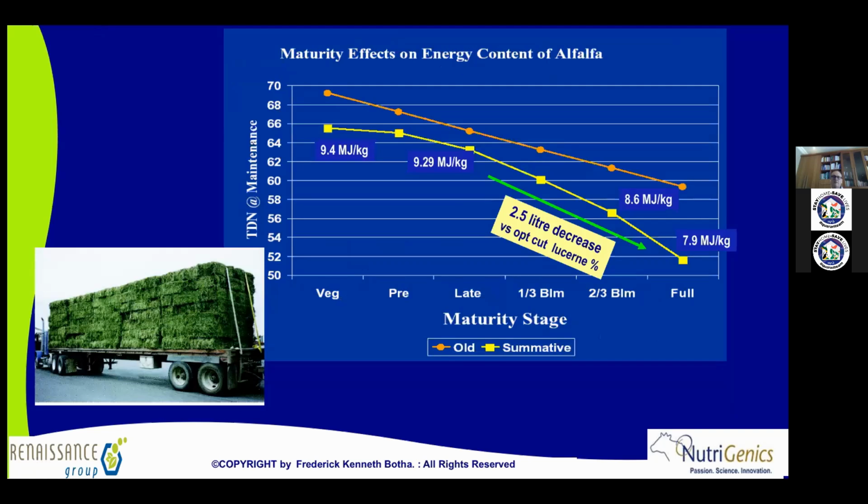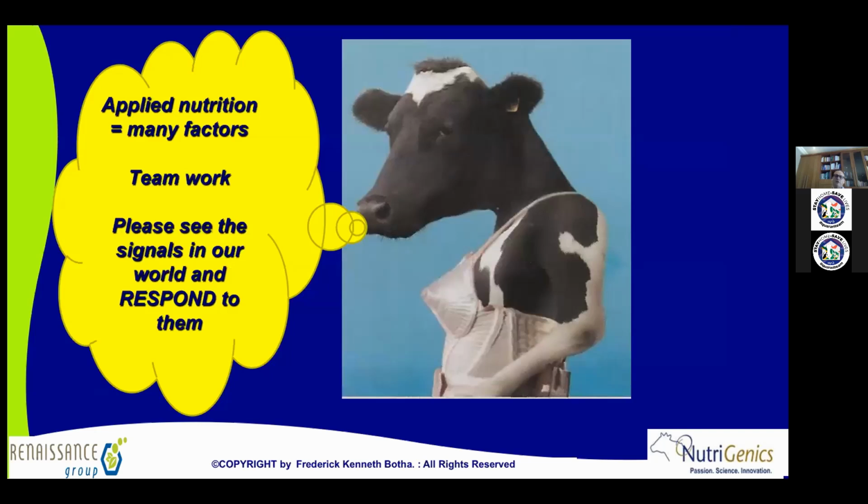Same with lucerne. If they move from one batch to another, and Corlia can come in there, she's well aware of that because she's feeding mostly lucerne in her herd, where we see a huge drop in milk production when you go over to the different batches of roughages. So applied nutrition is many factors, as you can see, and we need teamwork.